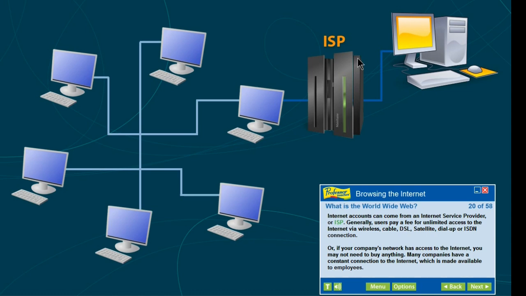Generally, users pay a fee for unlimited access to the Internet via wireless, cable, DSL, satellite, dial-up, or ISDN connection. Or, if your company's network has access to the Internet, you may not need to buy anything. Many companies have a constant connection to the Internet, which is made available to employees.